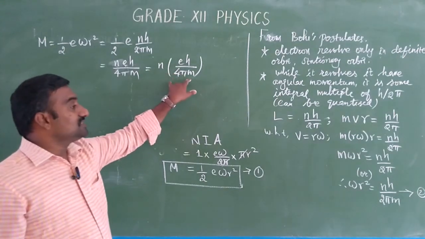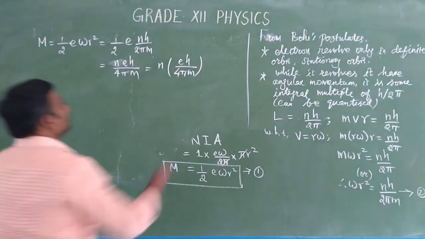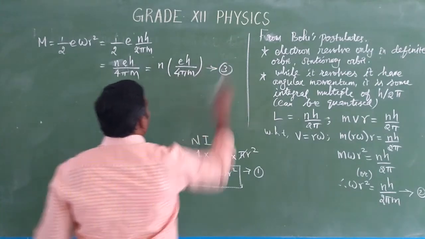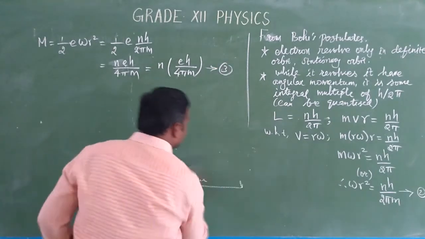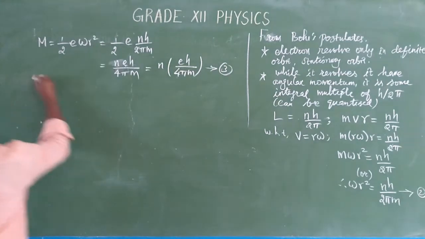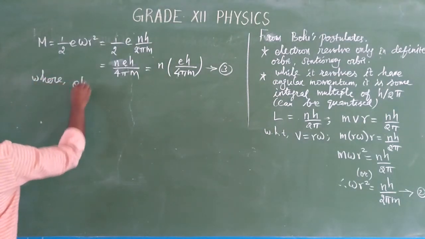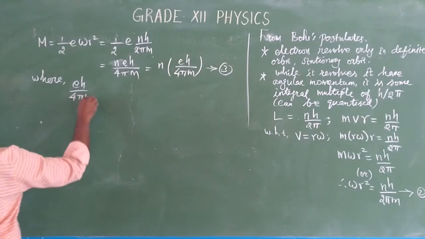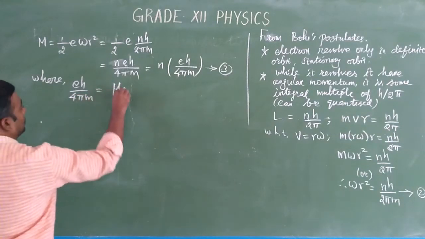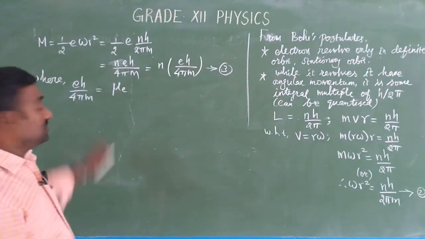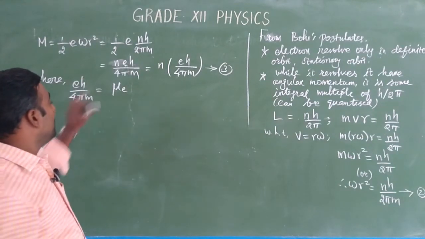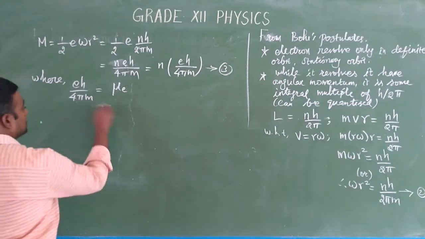In this equation 3, this constant eh by 4 pi m is called the Bohr magneton. Okay, this is called the Bohr magneton, and this value is, substitute the values.